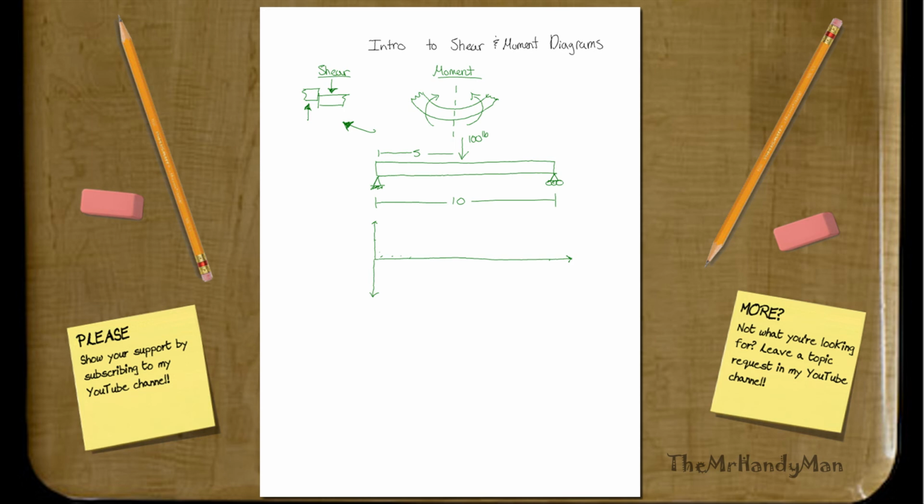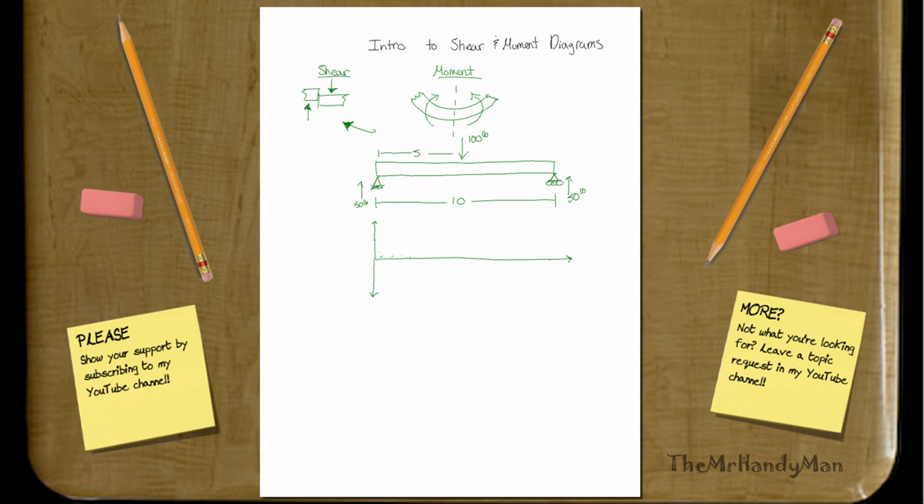So what I want us to do is consider, first off, that we already know the reaction forces can be half each side. So this will be 50 on this side and 50 on this side because it's halfway. Now what I want us to do is determine what the shear diagram is.